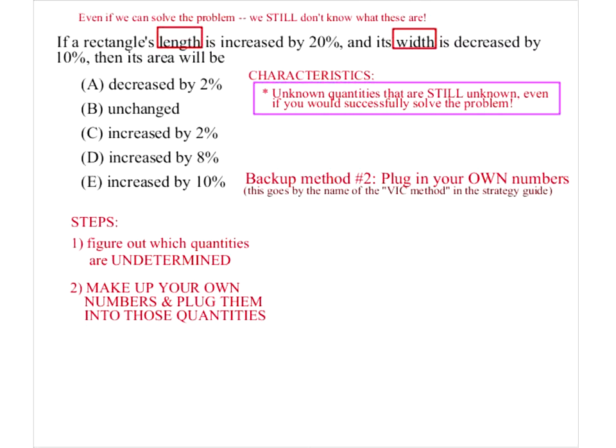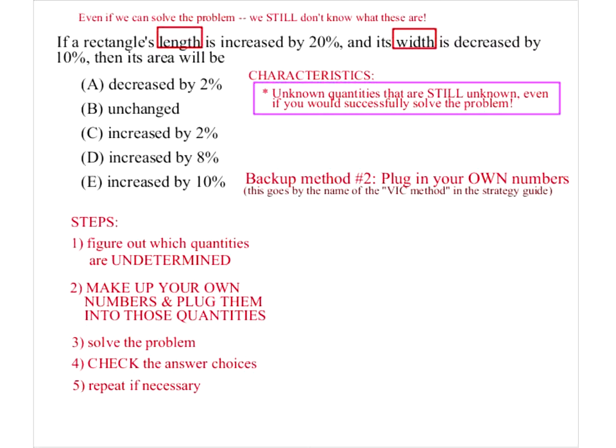Then you solve the problem. And then you have to check the answer choices. And then repeat if necessary, which in this case you won't have to, but we'll show you a problem in a second that you might have to.